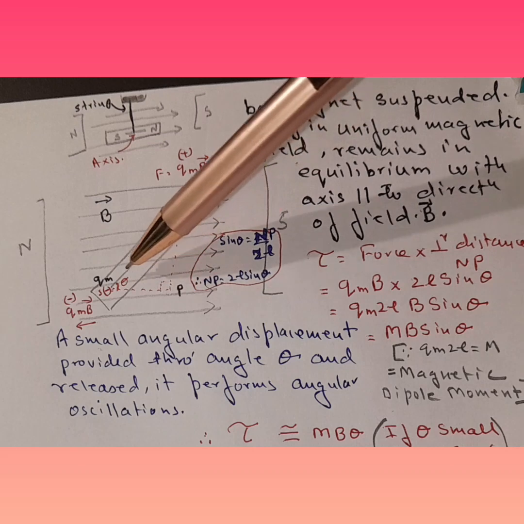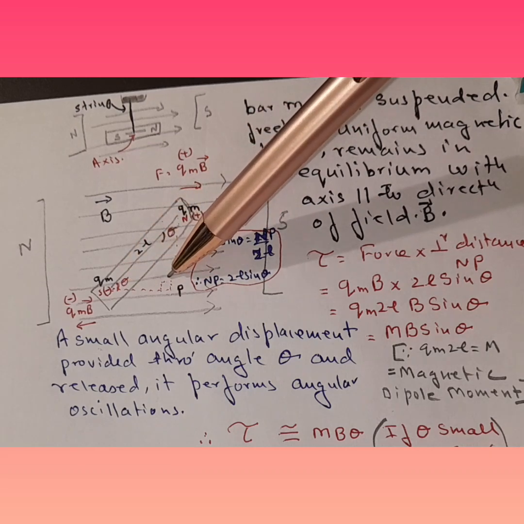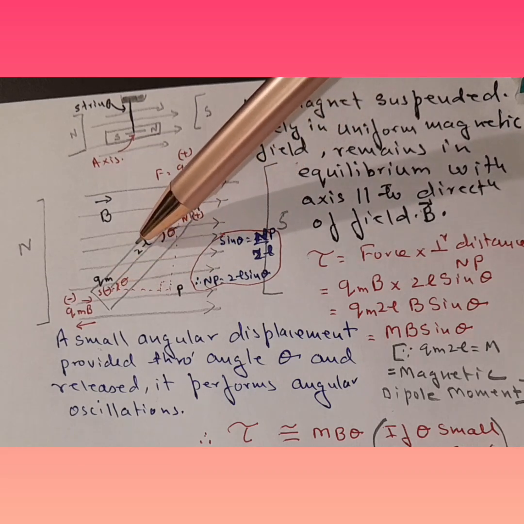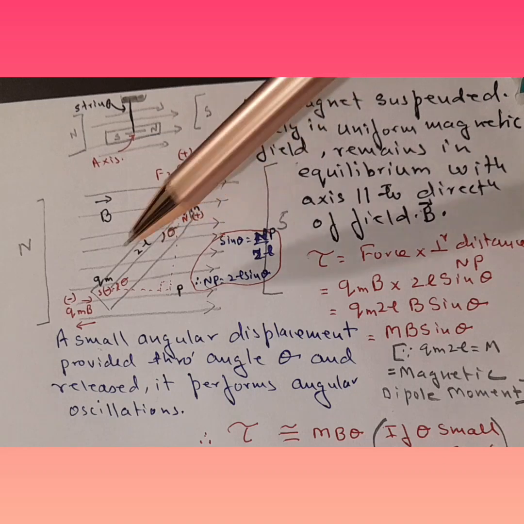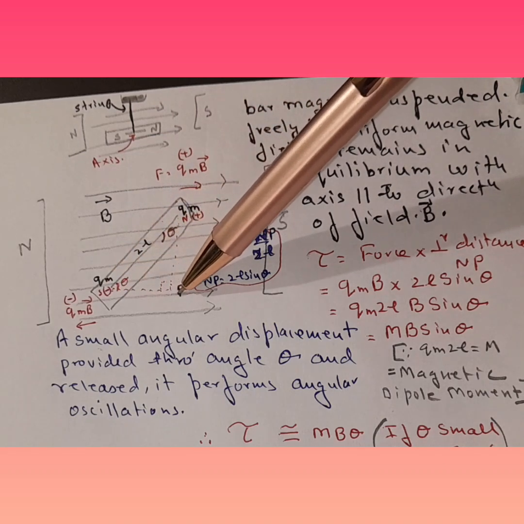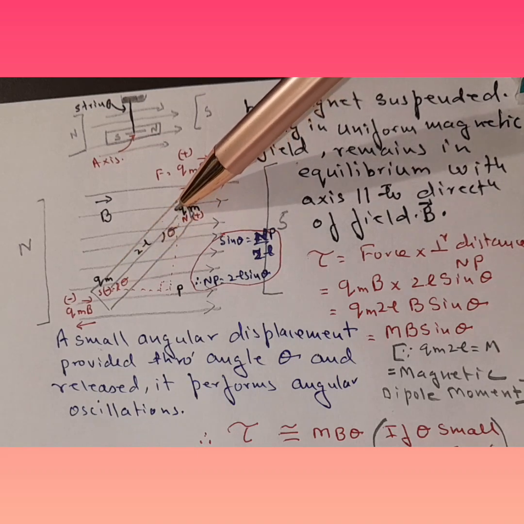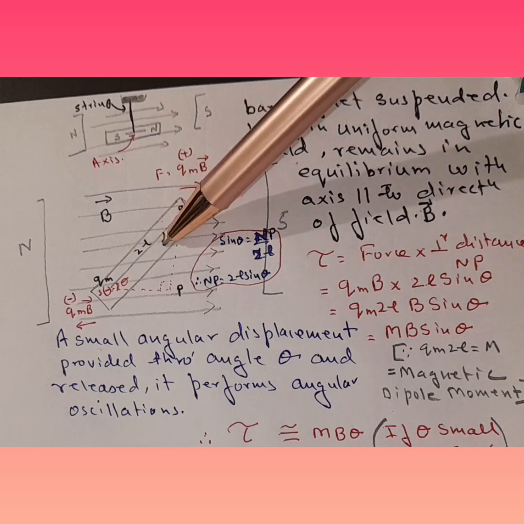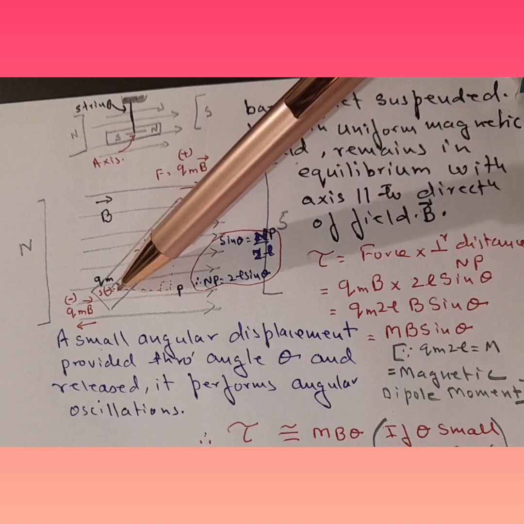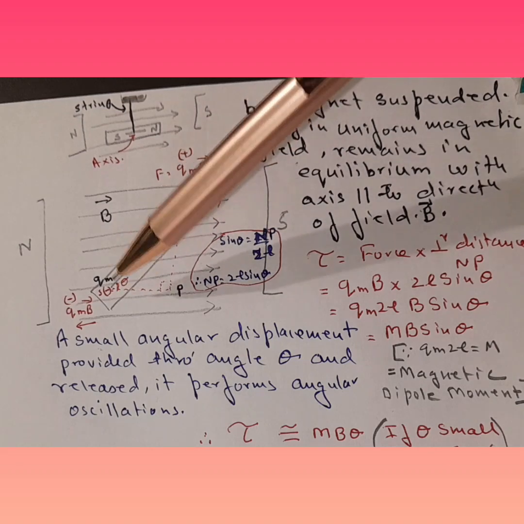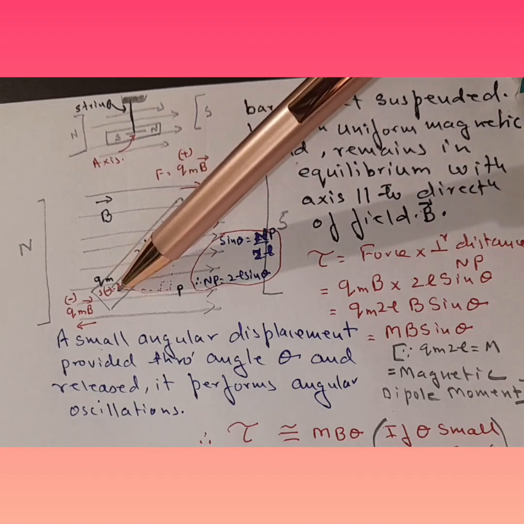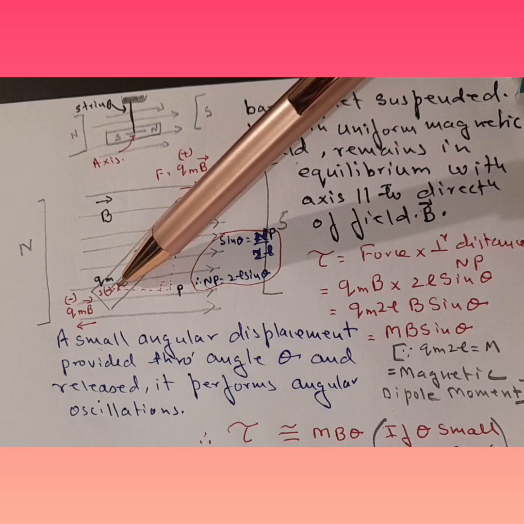So this line and this line are parallel to each other. This is the transversal. So if this angle is theta, this angle also has to be theta, corresponding angles.